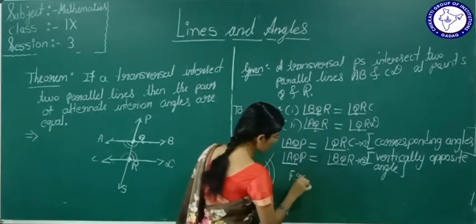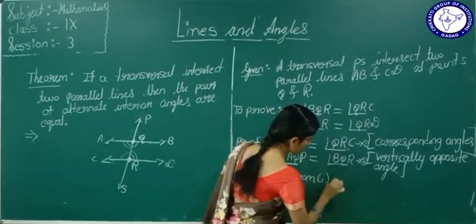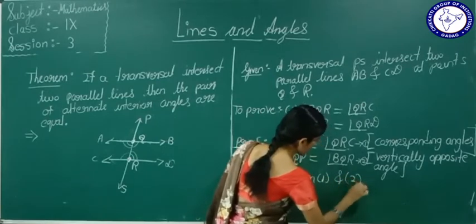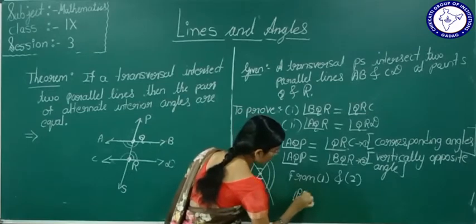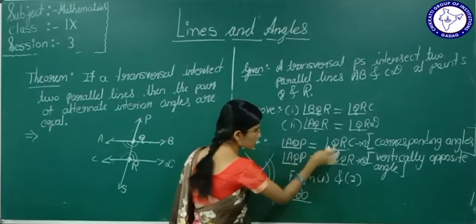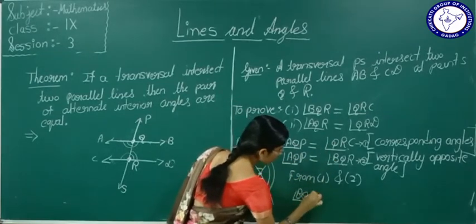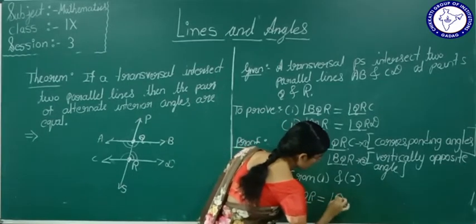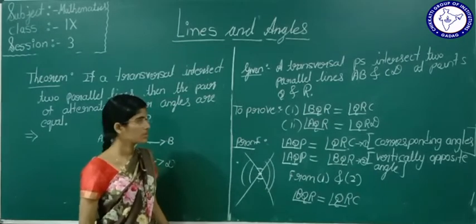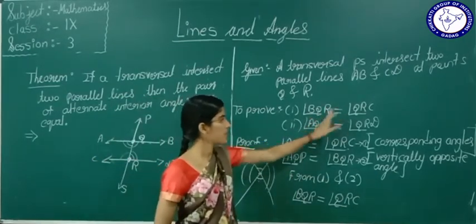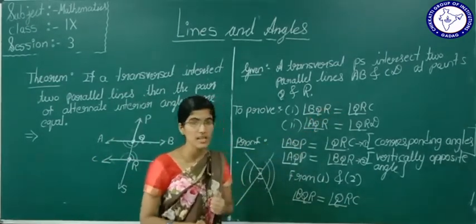From 1 and 2, what can we write? The LHS is the same, so we can equate the RHS. Angle BQR is equal to angle QRC. Now see here, we got alternate interior angles are equal.